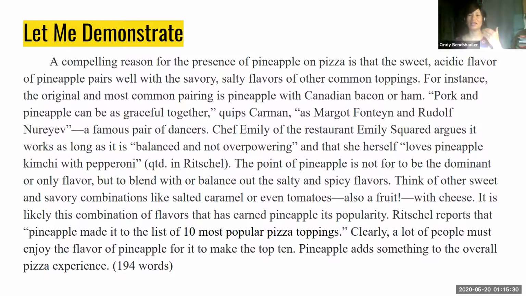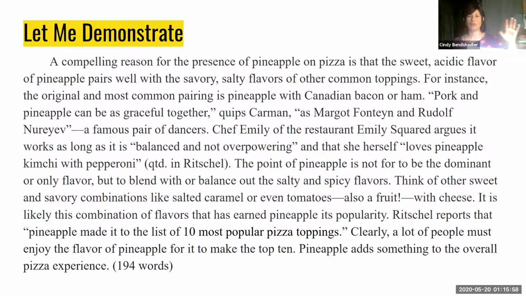Now I'm going to use a different source. Chef Emily of the restaurant Emily Squared argues it works as long as it is "balanced and not overpowering," end quote. So I'm embedding the quote now. And that she herself "loves pineapple kimchi with pepperoni," unquote, quoted in Ritchell. So Ritchell is the author of this particular article, but Ritchell is quoting Chef Emily.